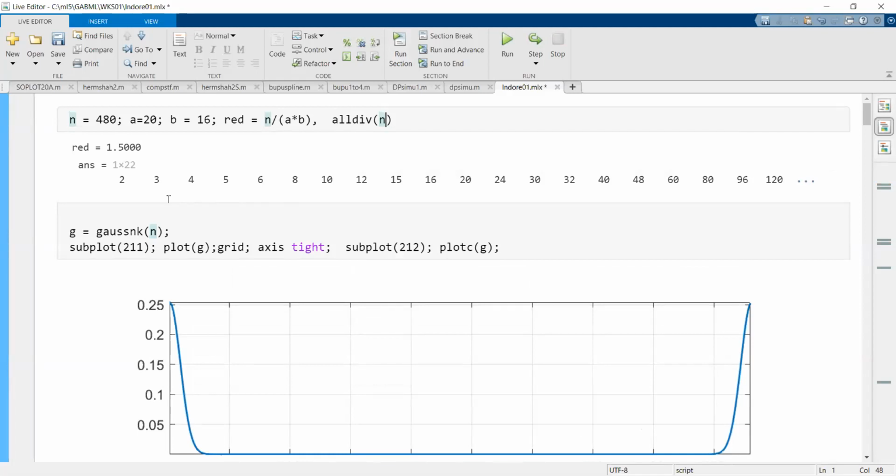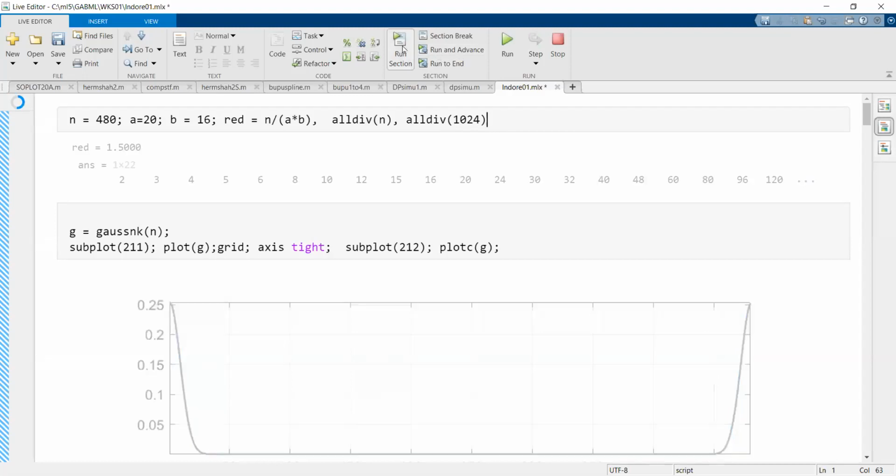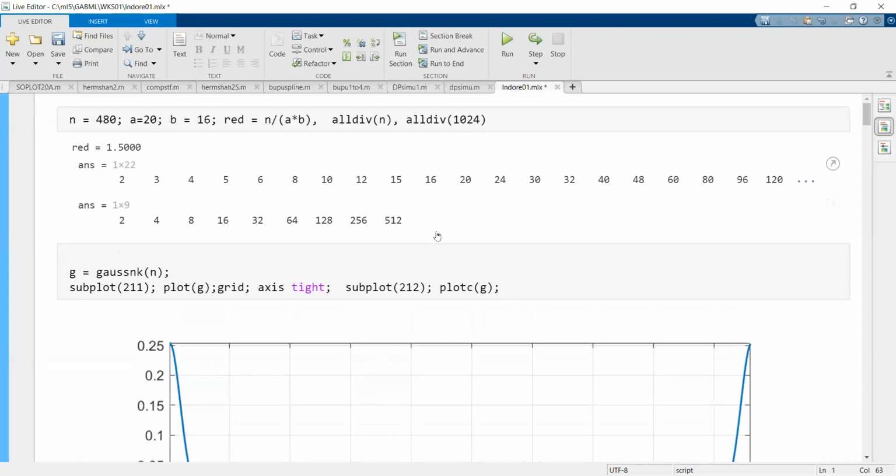If you have n equals 512, you have a very fast FFT, of course, but 1024, for comparison, is not so rich, because you have only factors of 2.